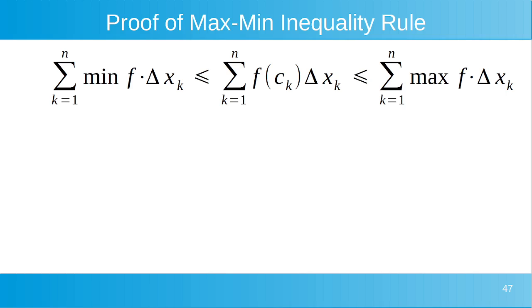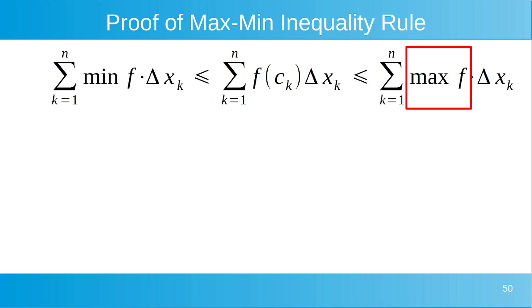And when we look at this inequality after we've made these changes, we can see that there's only one term that's changing from one side of the inequality signs to the other. And that is that min f is less than or equal to f of ck, and f of ck is less than or equal to max f.